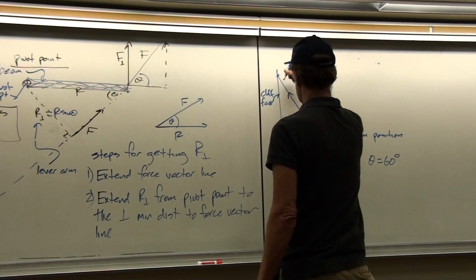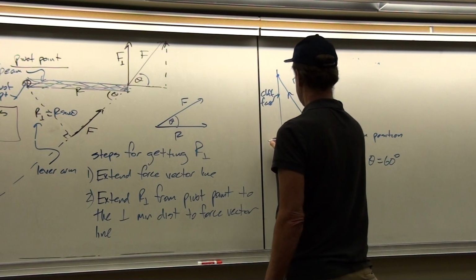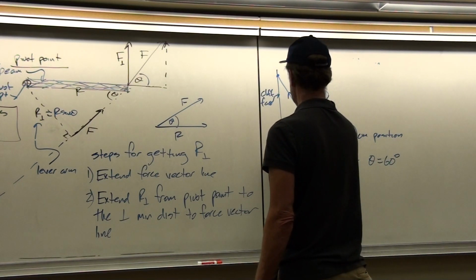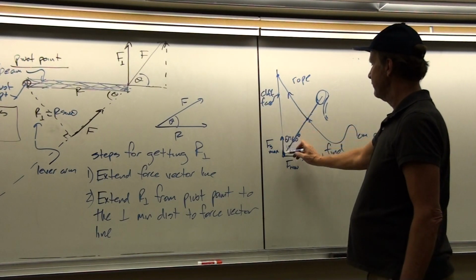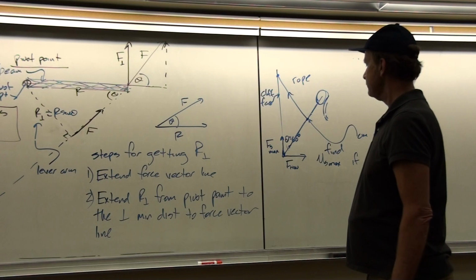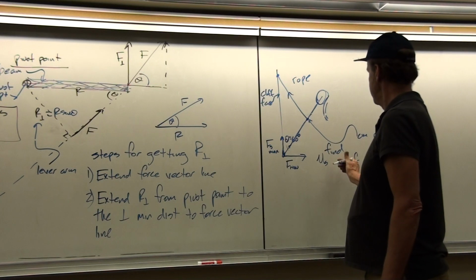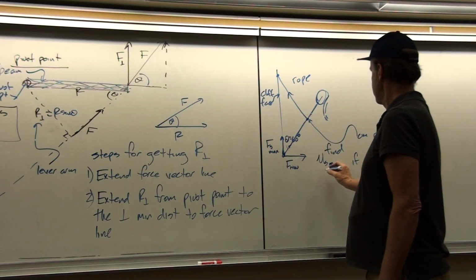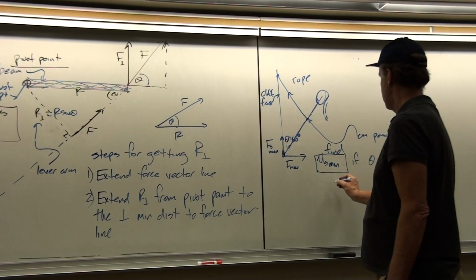And because she's going to tend to slide this way, we're going to have a force static maximum. Okay, so we're going to push the static friction force to the breaking point by saying what is the minimum coefficient of static friction that will hold her to the wall.